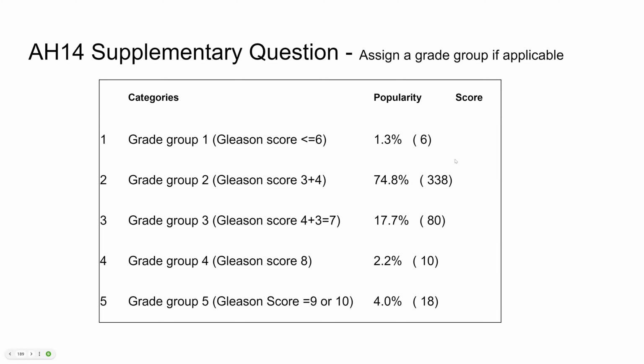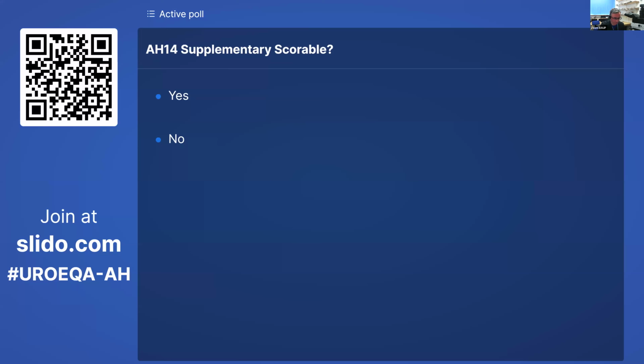So I think that's probably scoreable, that 75% of us have got a preferred Gleason grade, and then there are some other acceptable grades as well. Scoreable.